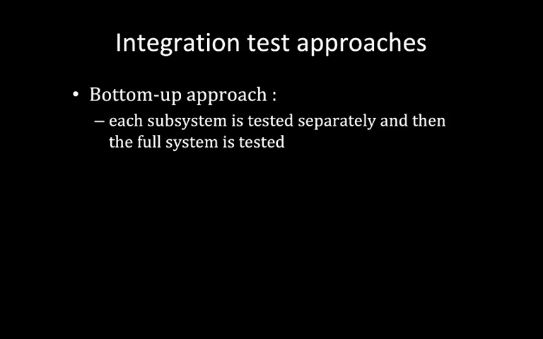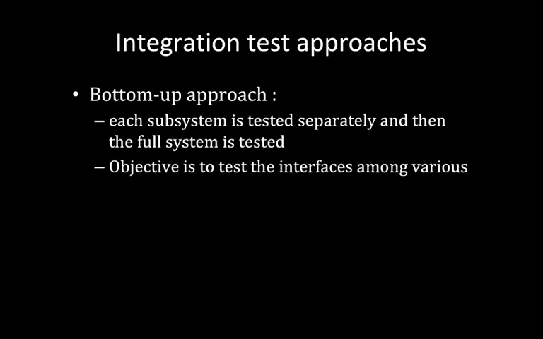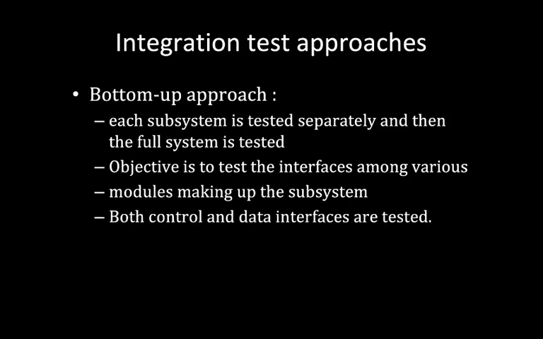Similarly, we form different subsystems, integrate those subsystems, and the full system is tested. Here we require driver modules. We have already seen driver modules and stub modules in unit testing. In the bottom-up approach, we need to develop many driver modules. The objective is to test the interfaces among various modules making up the subsystem. Here both the control and data interfaces are tested.